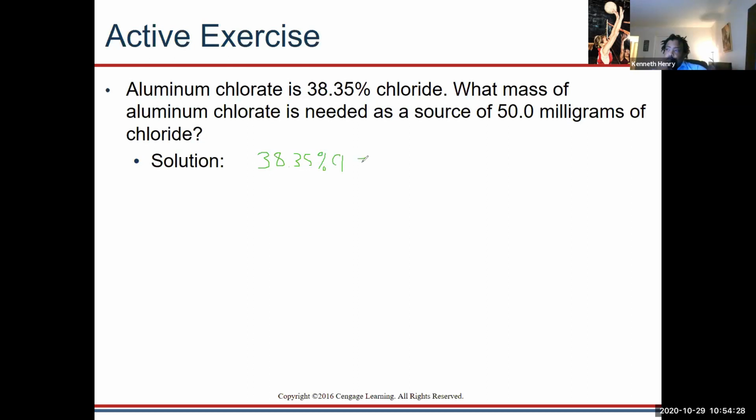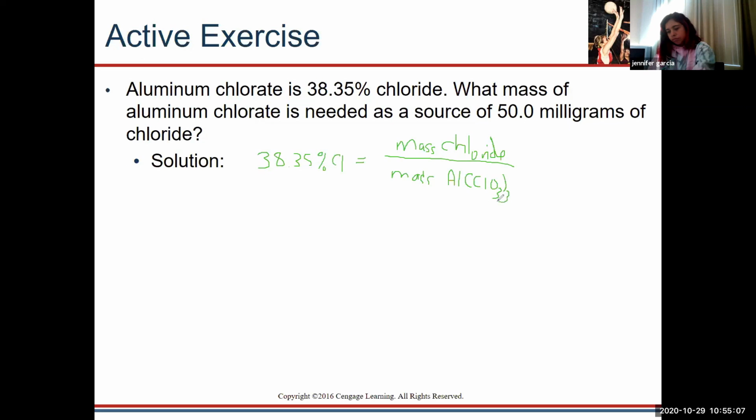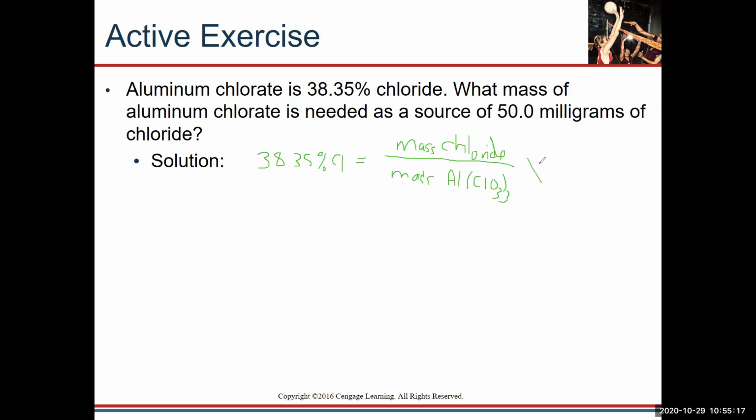So I could say that this is equal to the mass of chloride over mass of aluminum chlorate, times 100, right?